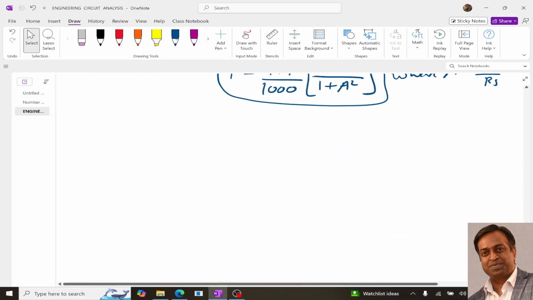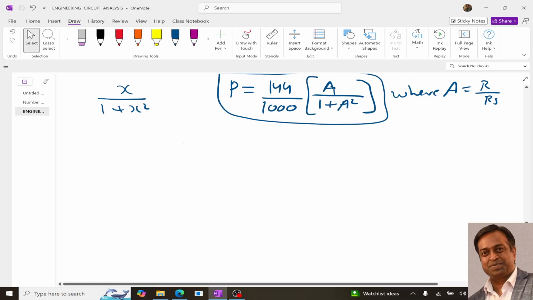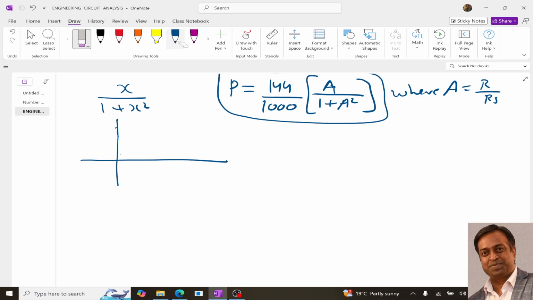Mathematically, if we have any function like x upon 1 plus x square, the graph for the positive range is something like this, where this is 1 and this is 1 by 2.